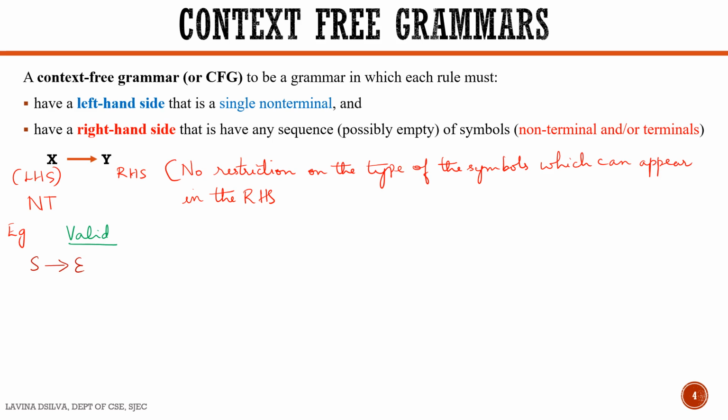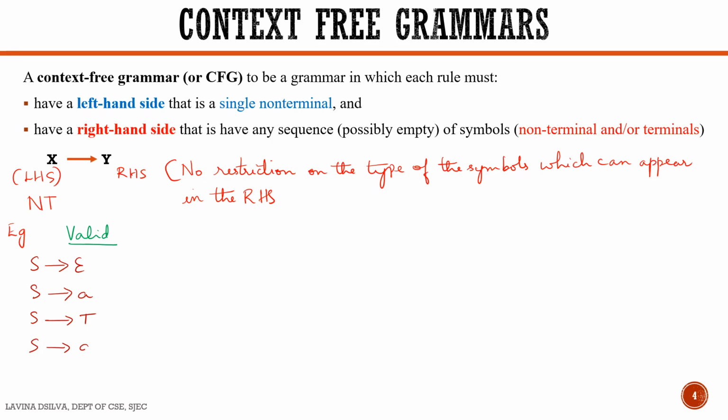Null string is allowed on the right-hand side of a CFG. S tends to a. This is an example where we have a single terminal on the right-hand side. Even this is valid. S tends to capital T. Even this is valid because we are having a single non-terminal on the right-hand side.